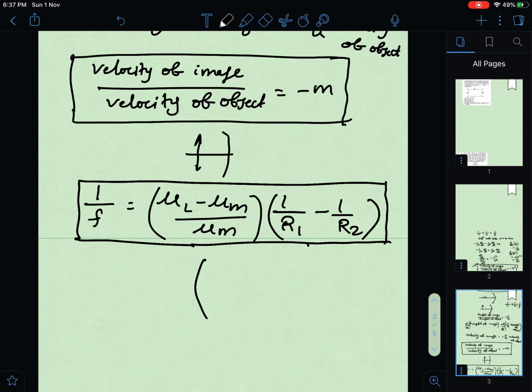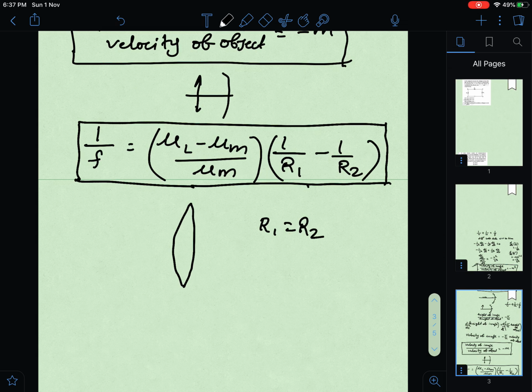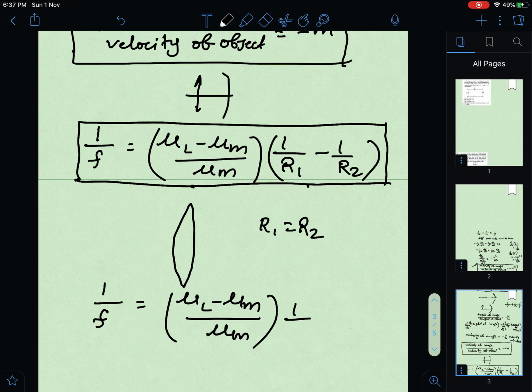Suppose, guys, this is a convex lens. I am taking a biconvex lens, so the radius of curvature r1 is equal to r2. Let's see how this formula will change. 1 by f is equal to (mu of lens minus mu of medium) upon mu of medium into (1 by r1, with r1 equal to r2 equal to r).